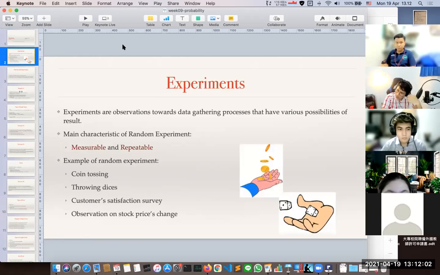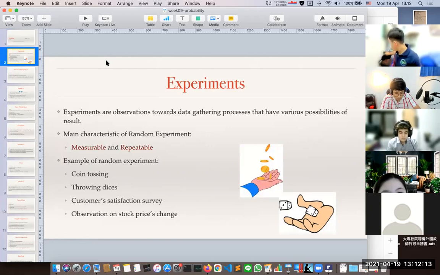So the first term that we need to know is regarding experiments. All of this is related with experiments. An experiment is an observation towards a data gathering process that has various possibilities of results. From these observation results, you can come up with reasoning, like what is the chance for something to occur.